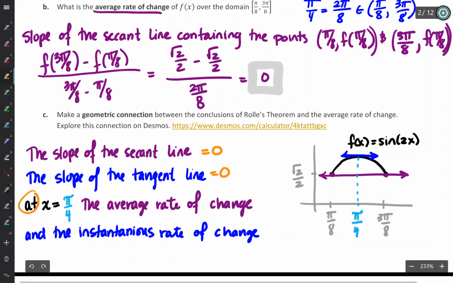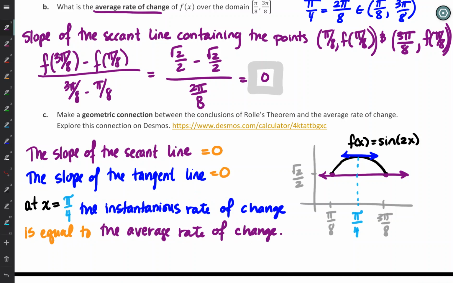So what I want to write is what we were saying earlier, that there's a place in that domain at x equals pi over 4 where the instantaneous rate of change is equal to the average rate of change. And in this case, they're both 0. So I'm going to fix that real quick. And they are equal, specifically they're both equal to 0. And that's because both these lines, they're not just parallel, both the lines are horizontal. These guys are parallel. In particular, they're both horizontal.